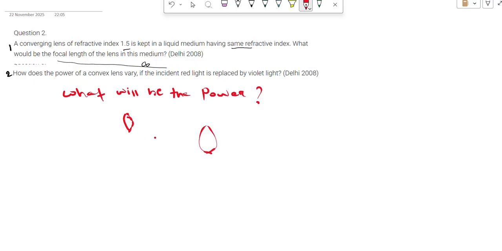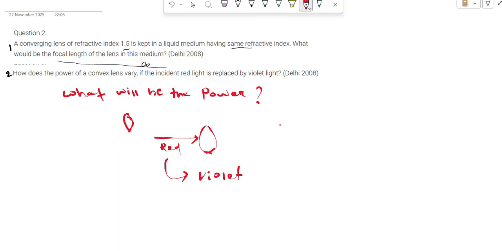So now the light falling on your convex lens is red, and I want to replace it with violet. What is the change in power?